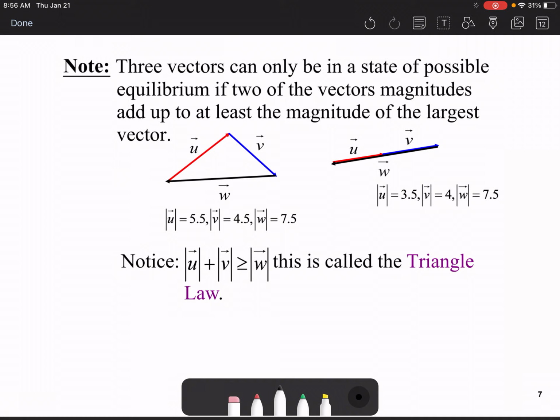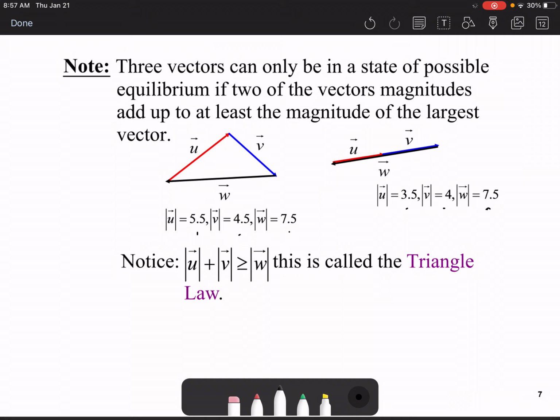We find the vector u is a magnitude of 5.5, v is 4.5, and w is actually less than the addition of those two, so 7.5. Whereas in this one, the vector u is 3.5, the vector v is 4, and the vector w is also 7.5. Those two values actually add up to be equal to w.